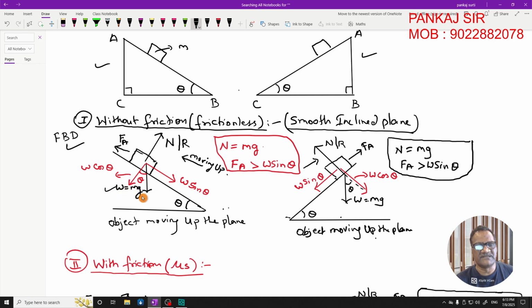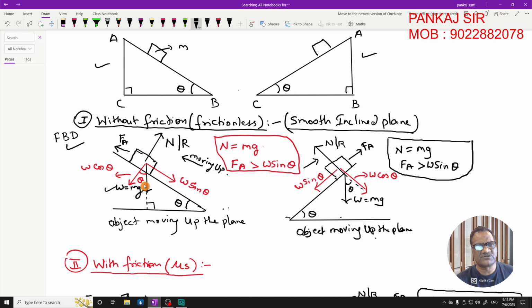W is equal to mg, and this weight is always shown going vertically downwards, perpendicular to the horizontal. Can you see this will come down? This is the mg force, the weight force W, which is equal to mg.